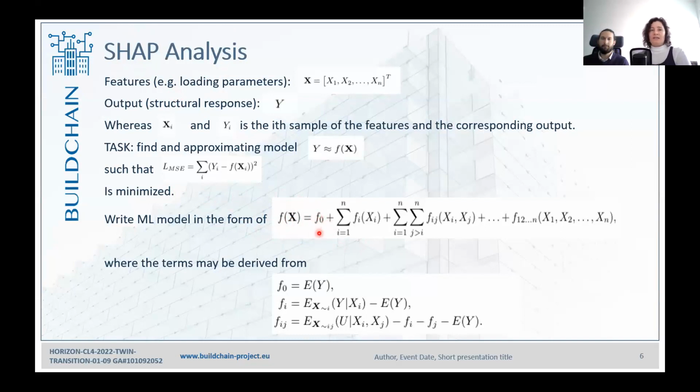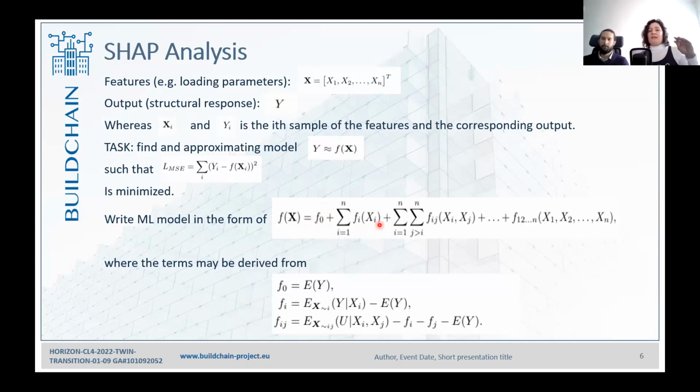So you can see that this first value is directly the expected value of the output, so the average displacement of a beam, for example. And then there's a second part, which is only due to the specific input parameters. So I can say that I measured this displacement, and I subtract the average displacement that's actually happening on this beam.